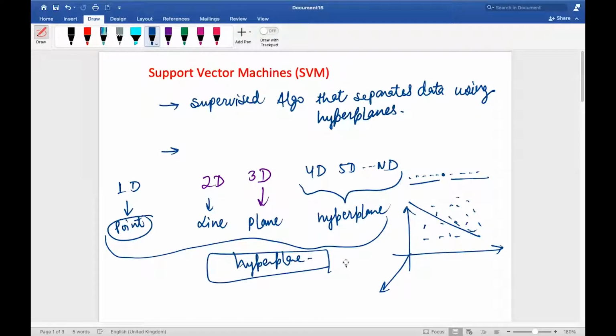And if we have to say quadrilateral, we say that too. Similarly, as an umbrella name, I'm giving one name to all the separations in all the dimensions, and that is hyperplane. So when I say hyperplane, you can think of it as a separator. Understood?